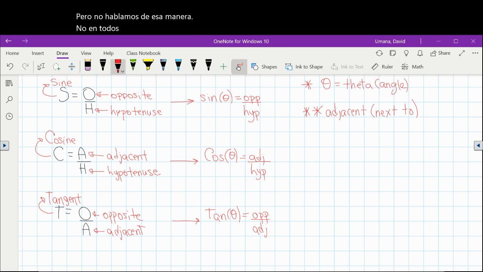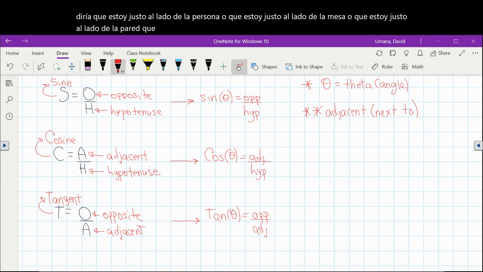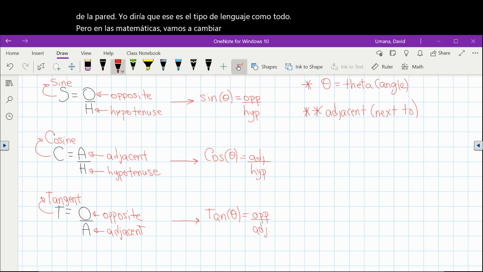Most of the time I would say I'm right next to the person, or I'm right next to the table, or I'm right next to the wall. That's everyday language. But in mathematics, we're going to change this to the word adjacent, and it's fancy language for I'm right next to it. In this case, it has to be right next to the angle.